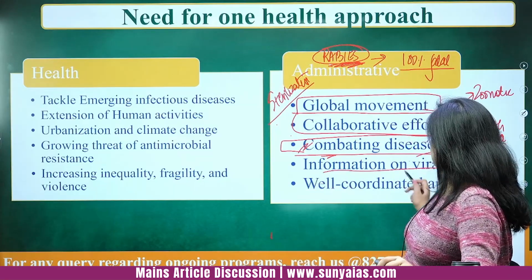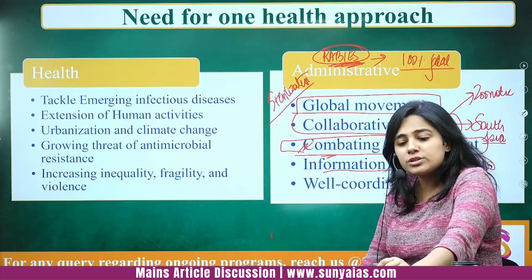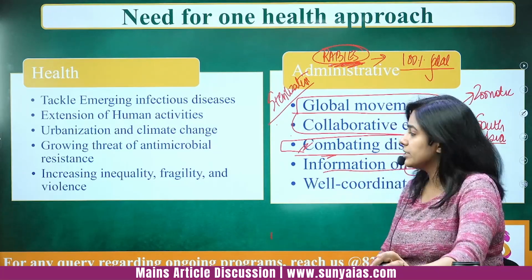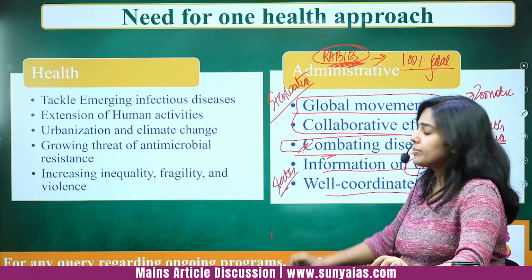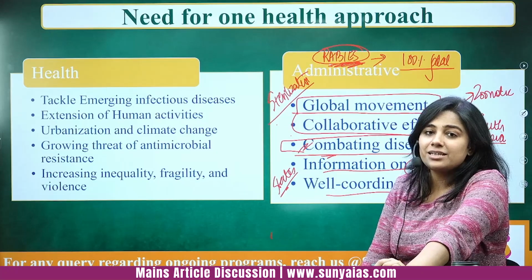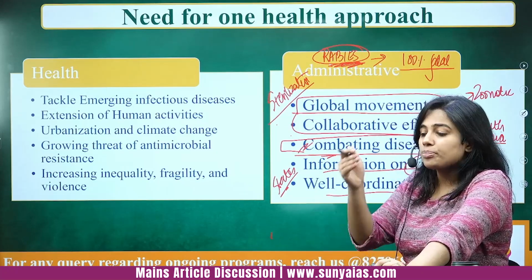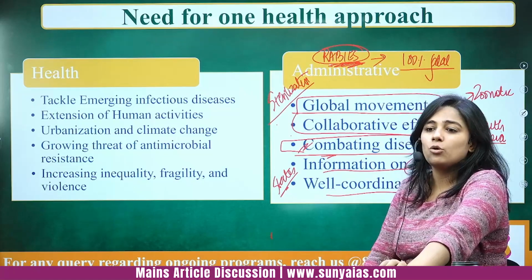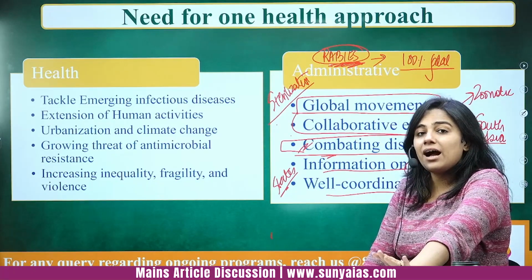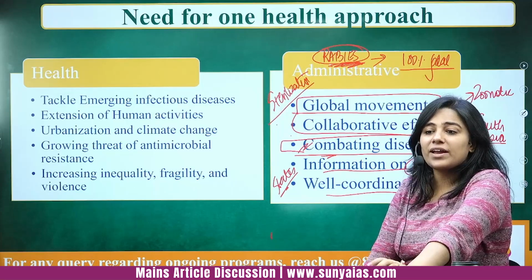Then information on viral agents is also something that we don't have and we need. And a well coordinated approach. If we talk about the states as well, again, health is a state subject. So although states like Tamil Nadu and Kerala would be doing great in health overall, they are still affected by rabies.